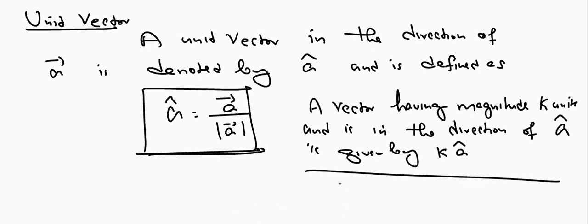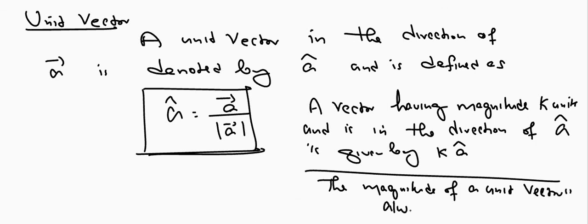We all know that the magnitude of a unit vector is always unity, that is 1.